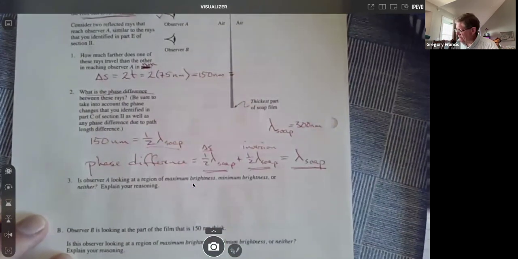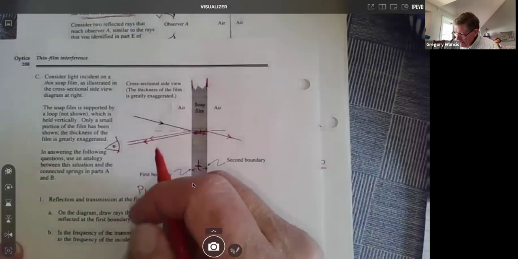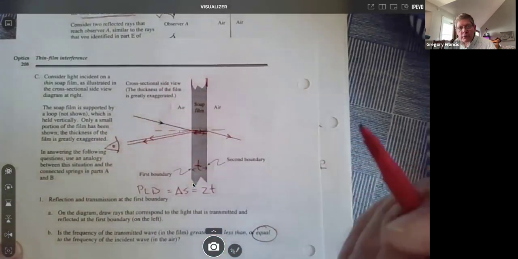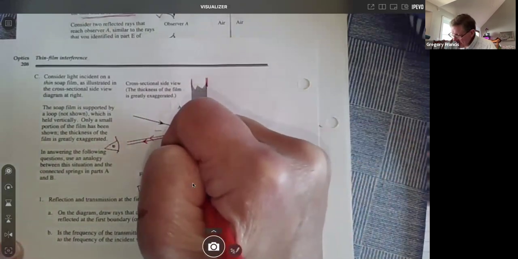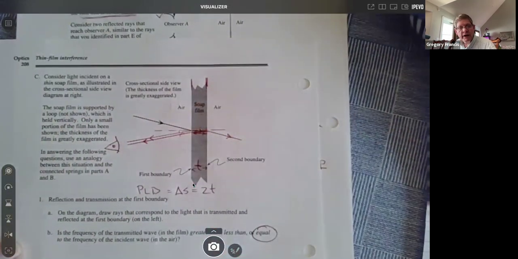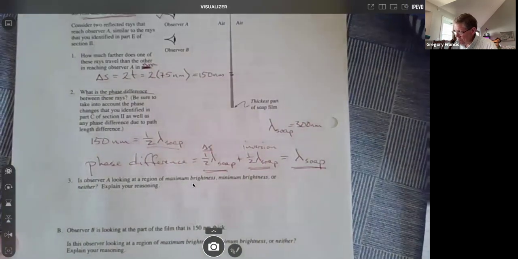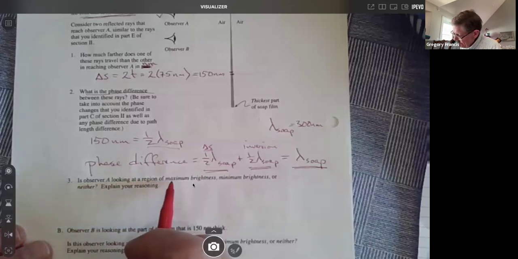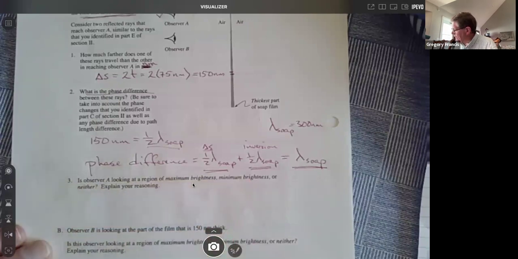And so when this wave comes back, if I have a crest on one of those rays, I'm going to have a crest on the other ray. We're going to be behind by one whole wavelength, but that's still going to put crest in the same place as crest. So is an observer at A looking at a region of maximum brightness or minimum brightness?